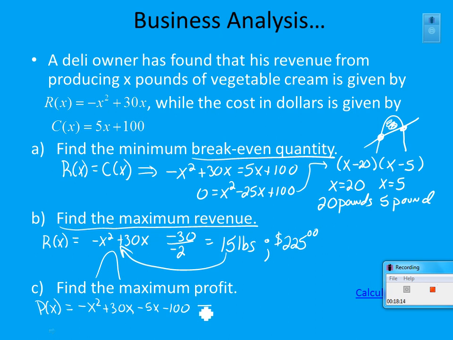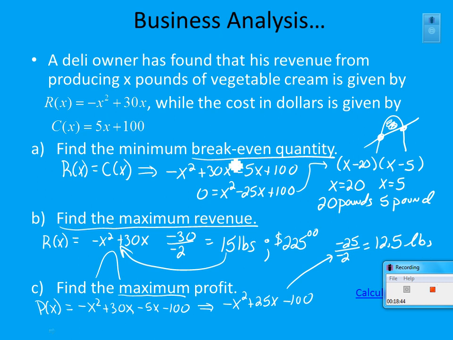If I simplify that, as I'm running out of room, I've got negative x squared plus 25x minus 100. You'll know to do the opposite of B over 2A whenever it says maximum and you're dealing with a quadratic. So to bring that home, I'm going to take the opposite of B, negative 25, over negative 2, and I'm going to maximize my profit when I sell 12.5 pounds of the cream cheese.